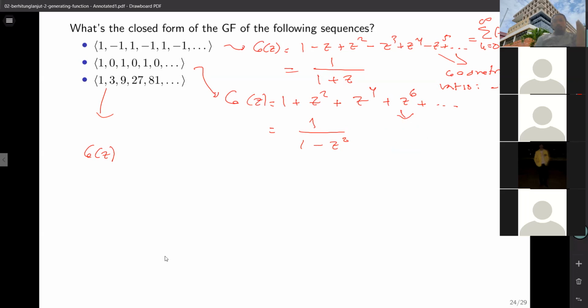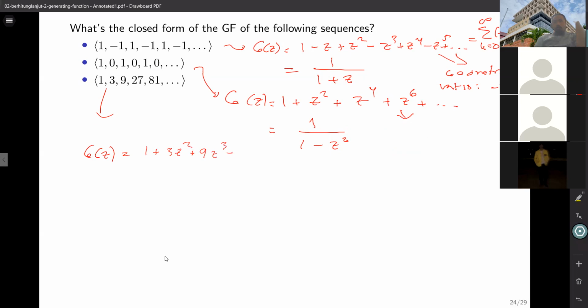So G(z) is 1 plus 3z plus 9z squared plus 27z cubed plus 81z to the 4th and so on.